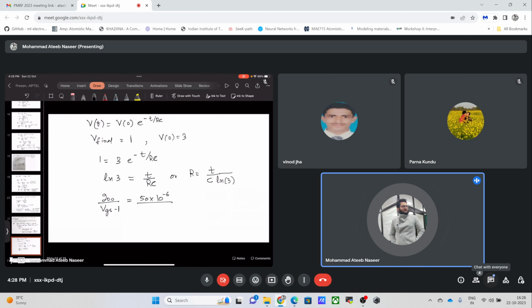C is also given, 1 microfarad, which is 10 to the power of minus 6, times ln of 3. So VGS is simply, these cancel out, so it is 20, 4, simply 4 times ln of 3 plus 1. Let me calculate this value.